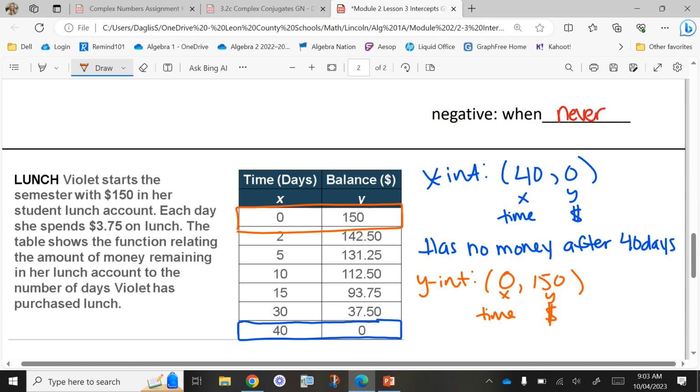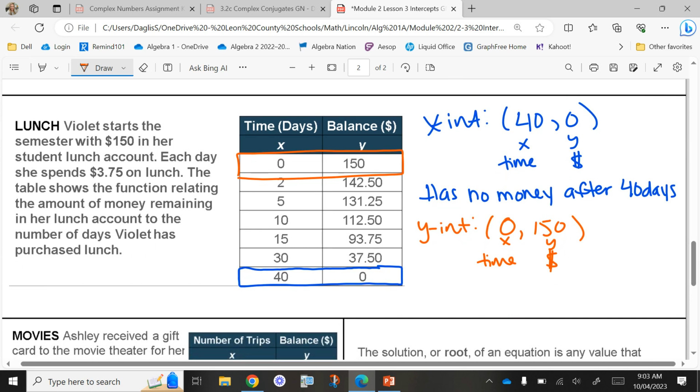The y is money. What does this represent? She hasn't bought a lunch. And she has $150. Good. So this was the starting amount. Starting amount of $150. Good.